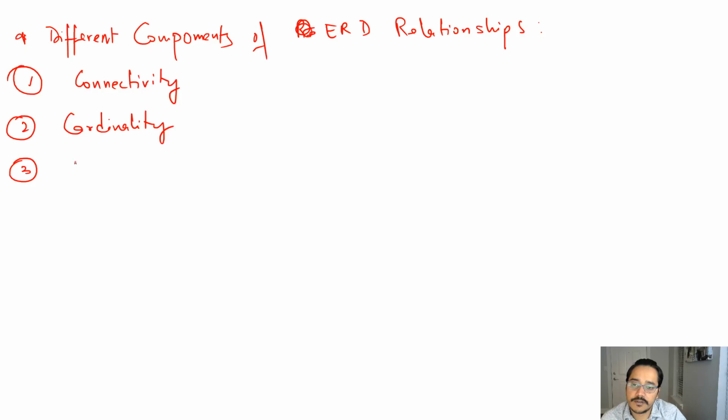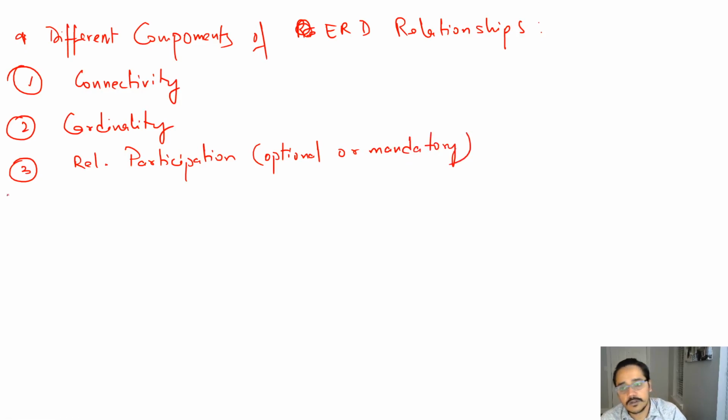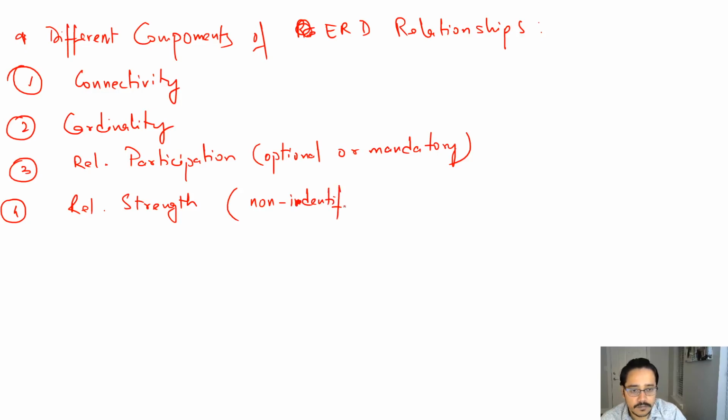Then you have the relationship participation, which is whether the relationship is going to have optional or mandatory association. Then you will look at the relationship strength, which is going to be either non-identifying, that is weak, or identifying, which is strong.